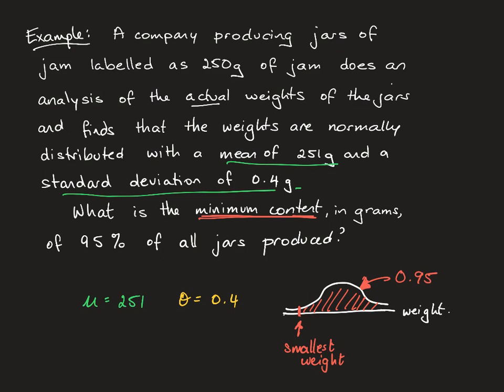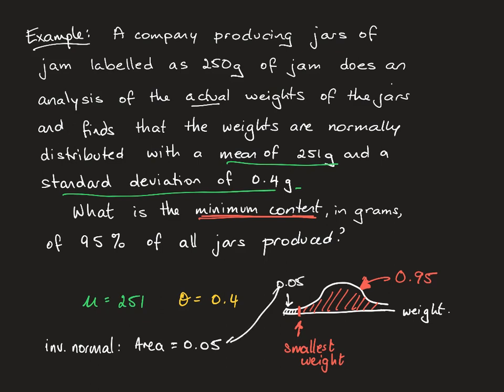That made it easier to understand how we're going to work this out, isn't it? So what we're looking for is this x value here, and to look for an x value, we're going to use inverse normal on our calculator. Our calculator only works from the left-hand side, so our area is going to be 0.05.